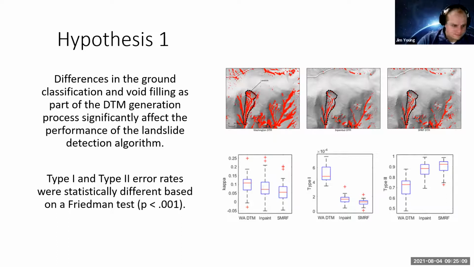I also want to cover this top image, the general result for study area 2, showing fewer pixels being flagged as you go from the Washington DTM to the inpainted to the SMRF, representing a more conservative approach as you go to the right.